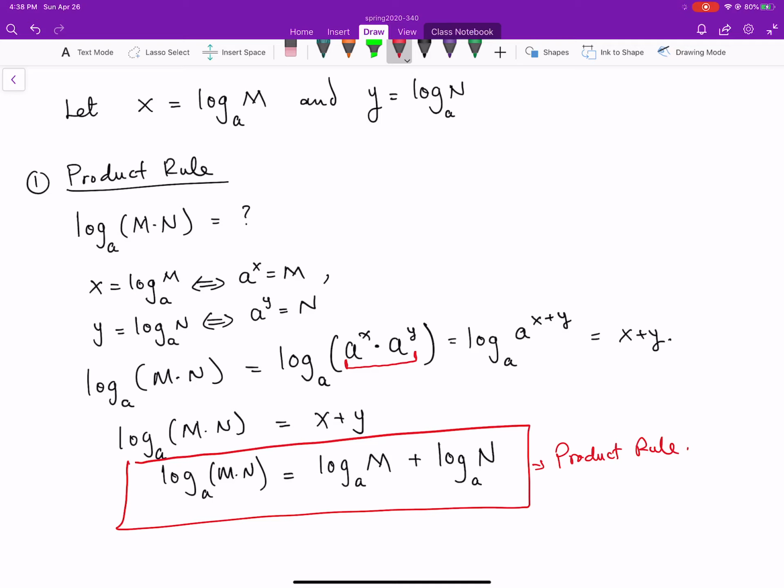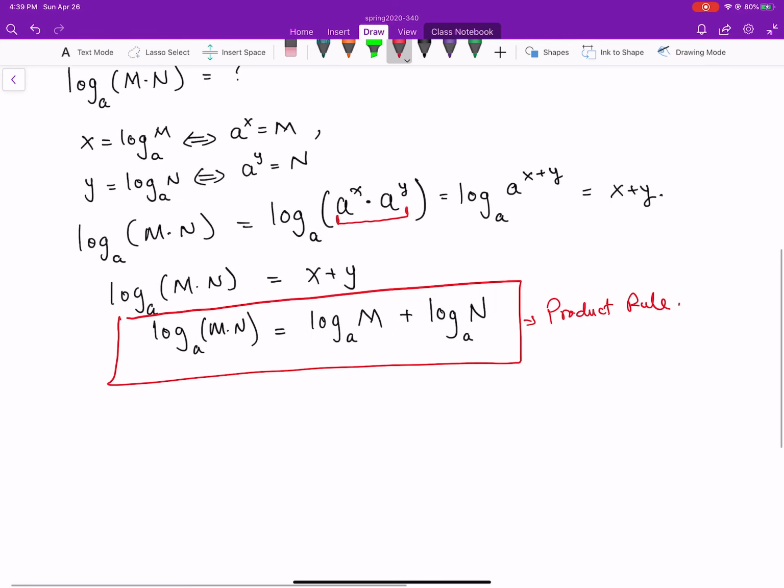That if you have a product of terms or factors, then you can split them into the sum of the log of the individual factors or terms. Let me take it again. If you have a log base a of the product of factors or terms, then you can split them into the sum of the log of the individual factors in that product. Okay, now let's look at the second one.